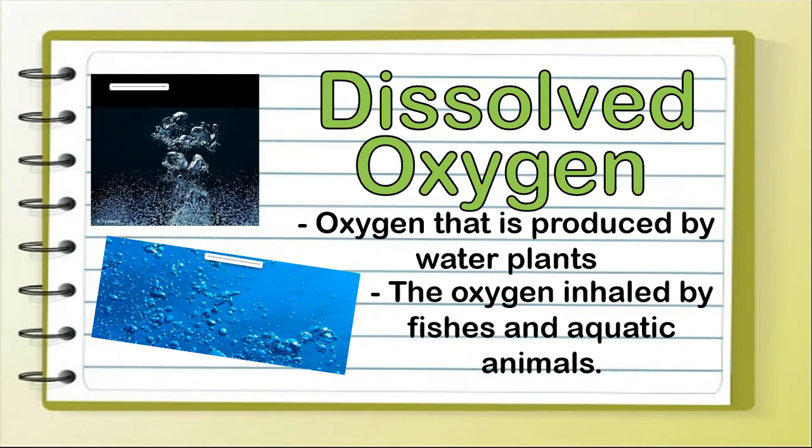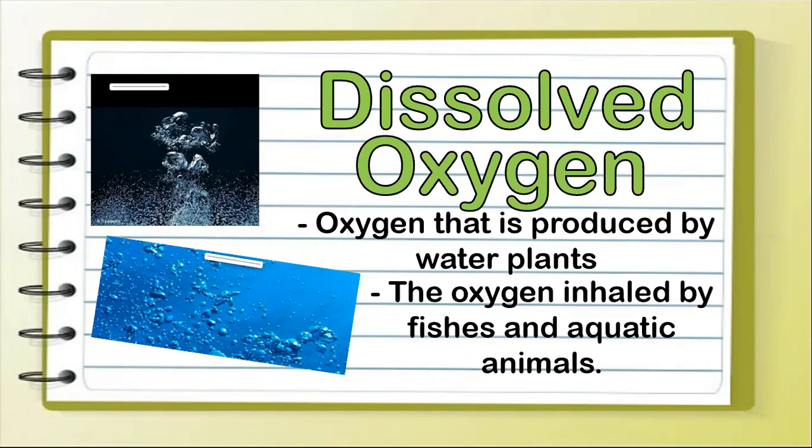Let us know what dissolved oxygen is. Dissolved oxygen is the oxygen that is produced by water plants. Land animals and humans inhale oxygen which is being produced by land plants. Dissolved oxygen is produced by water plants and it is being inhaled by aquatic or water animals.